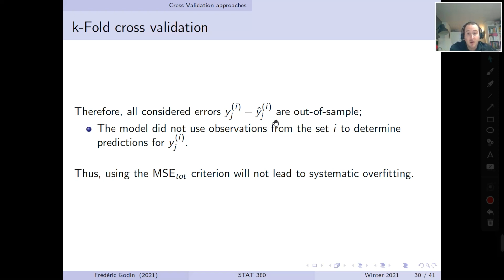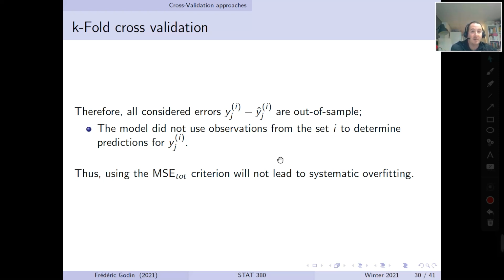So this one does not rely on this response. If you change your data set and you change this value in the data set, this prediction should remain the same. The prediction here does not use the response here to come up with the prediction. So this is really out of sample.